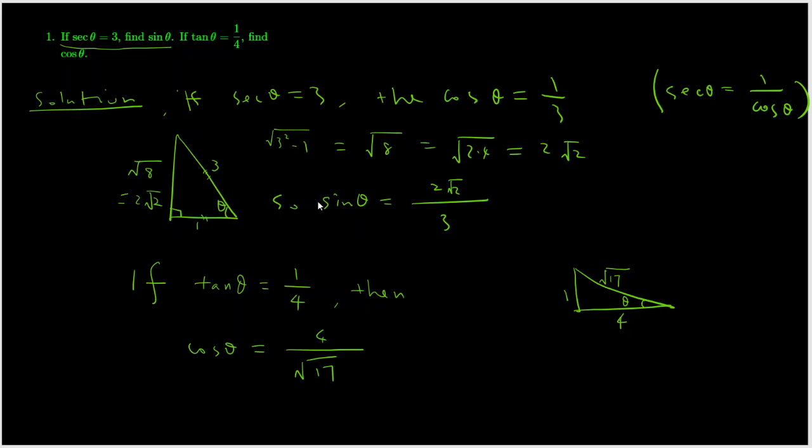Student: Sir, when you were solving for the square root of 17, you did 4 squared plus 1 squared, but when solving for the opposite in the first section, you did 3 squared minus 1. Shouldn't it be 3 squared plus 1? No. In the first question, 3 is the hypotenuse. In the second question, 1 and 4 are the 2 legs.